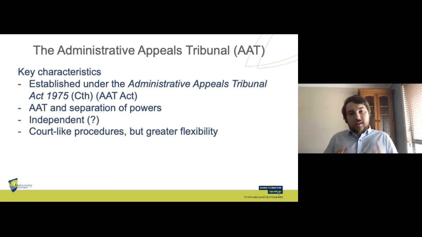So there are some question marks about whether the AAT is as independent as we would like it to be. It's certainly not quite as independent as a court, but that's a trade-off that has to be made in order to keep it within the executive, in order to empower it to undergo merits review. So, it's probably about as independent as we could get it while still staying in the executive branch, but it does still, of course, have some limitations.